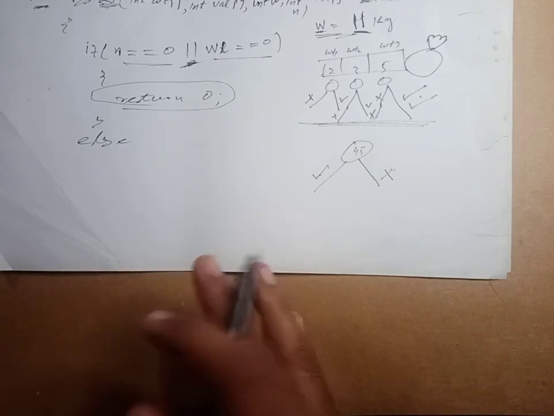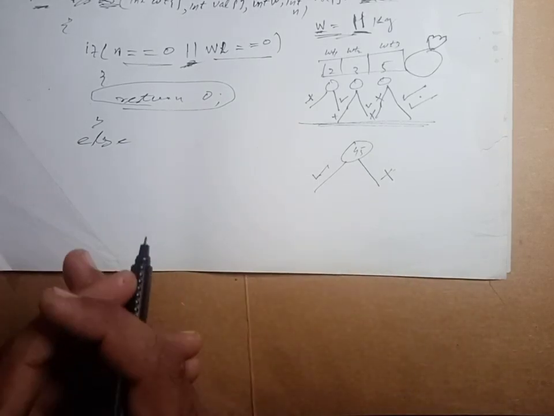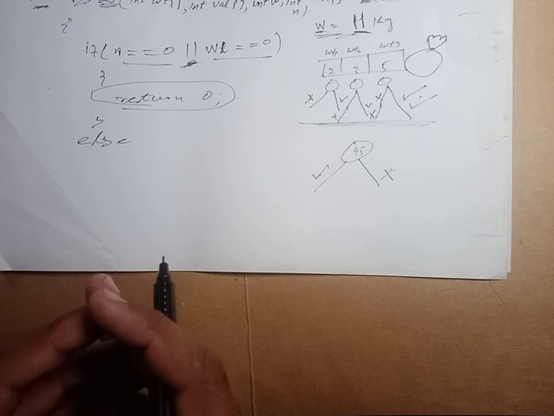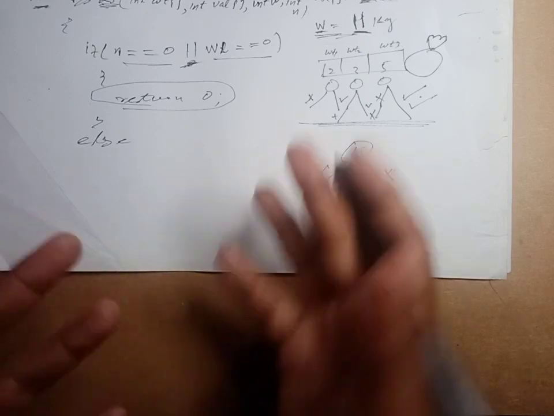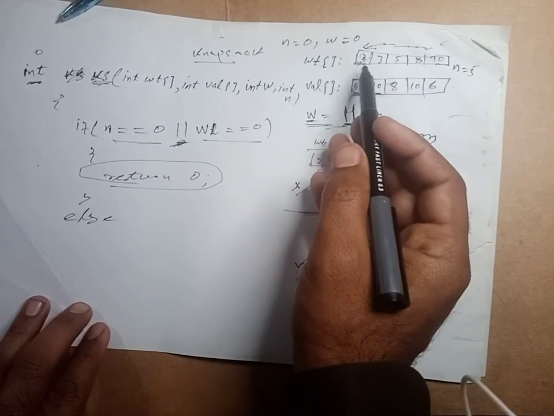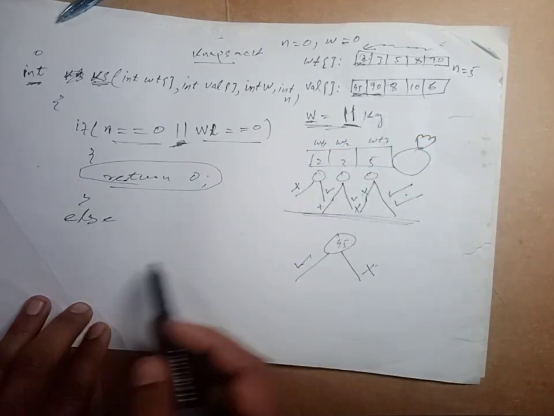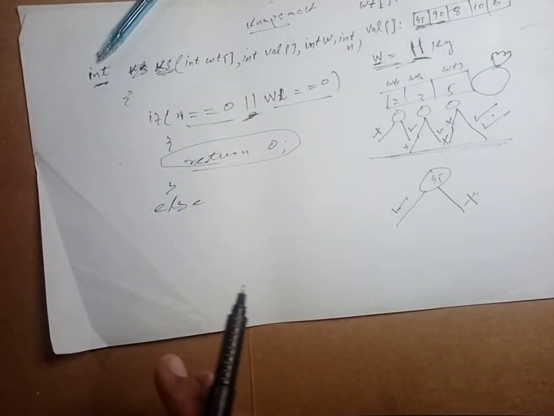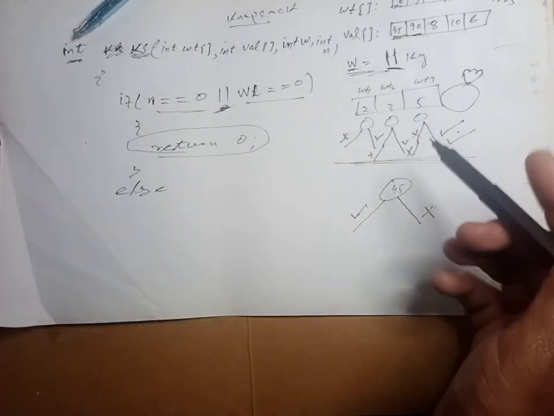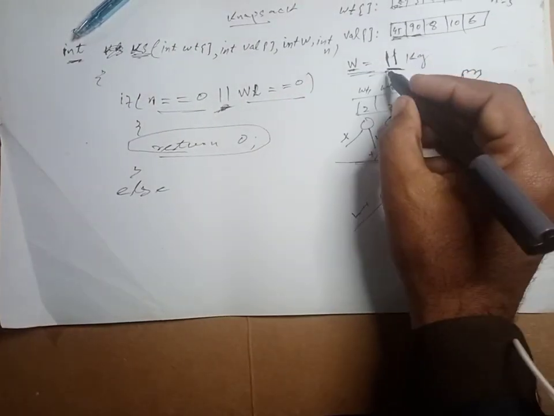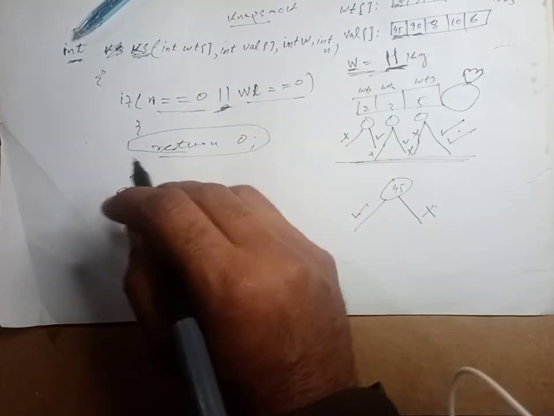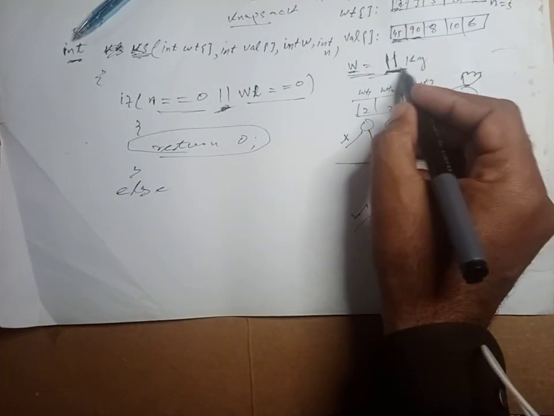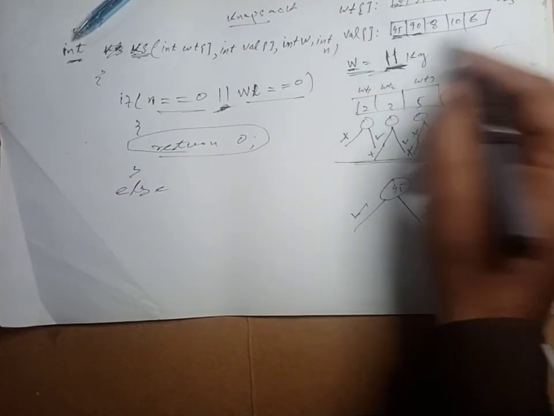This depends on the choice that would be made by using the recursive calls and applying the correct formula. However, we want the maximum profit with the limited weight.